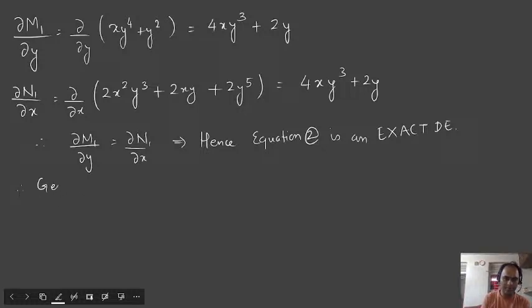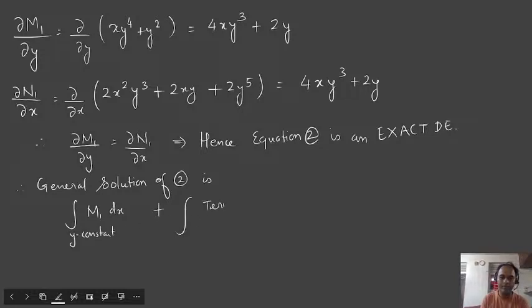Therefore, the general solution of 2 is integration of M1 dx, treating y constant, plus terms of N1 free from x, dy equals to c.